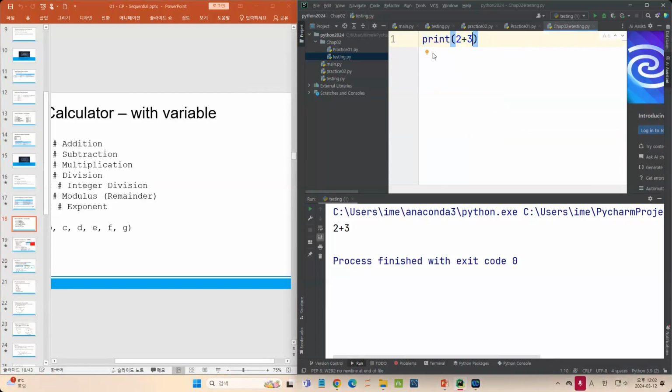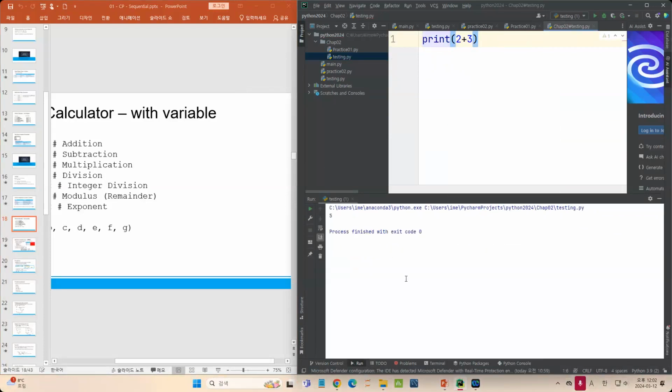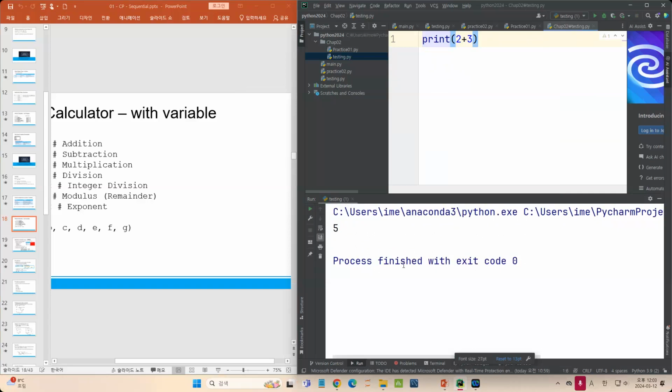Okay. So, without quote, you can do any mathematical operation, or what we call arithmetic operations. So if you run this one, you will get the result 5.